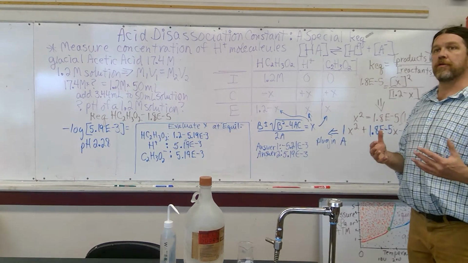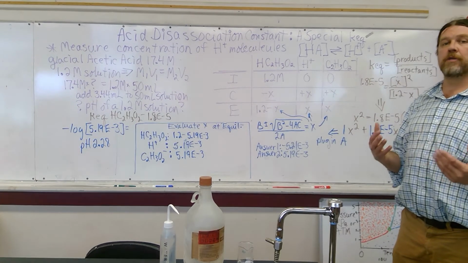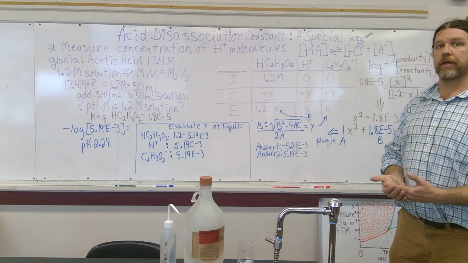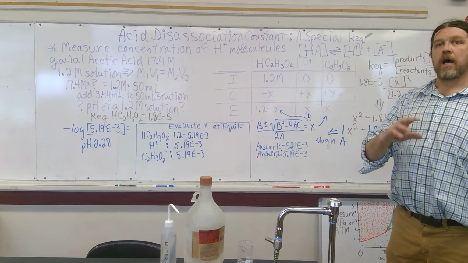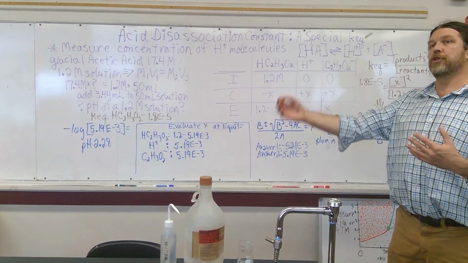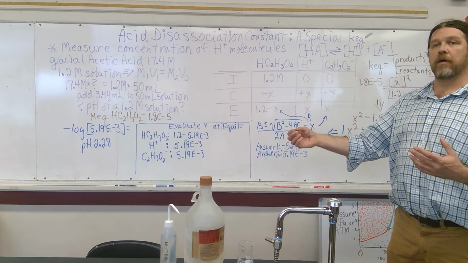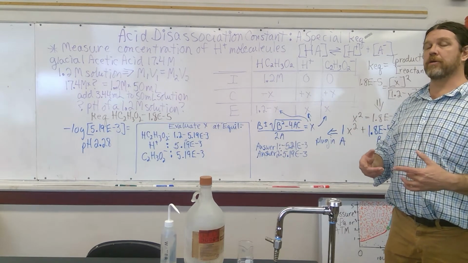This is really useful when we are dealing with what are called weak acids. Most acids are not like hydrochloric acid or sulfuric acid. In those cases, with hydrochloric acid, we can predict it will basically generate an H+ for every HCl that goes into an aqueous solution.